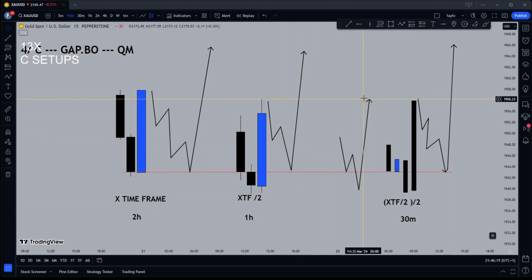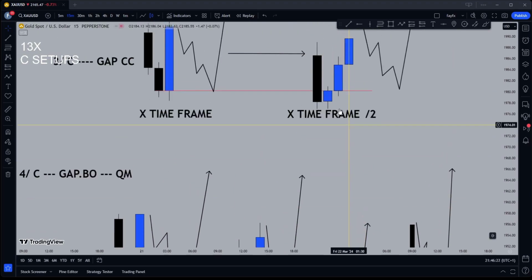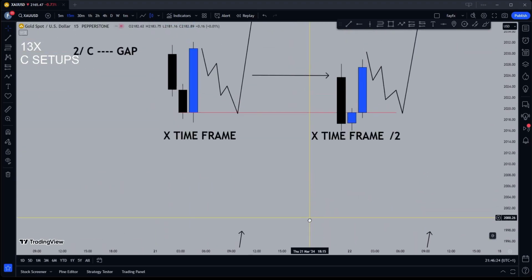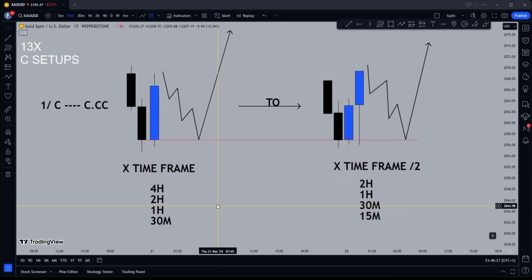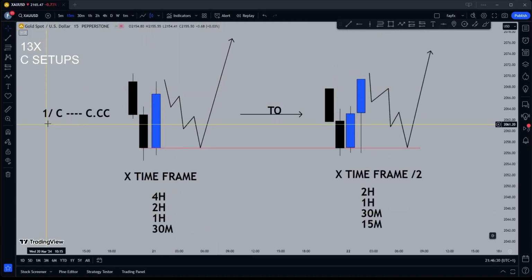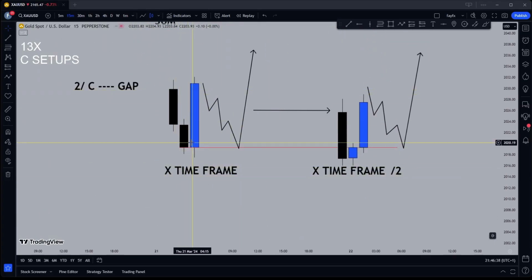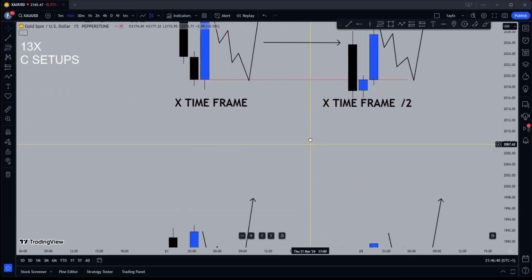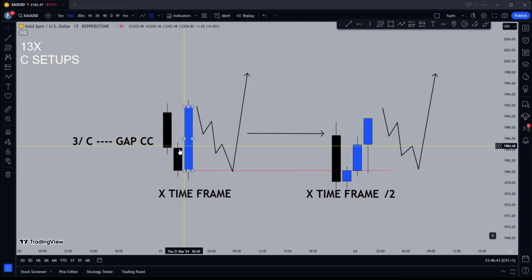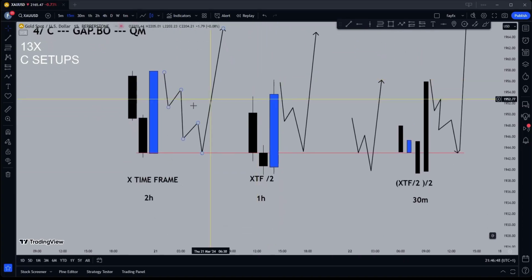Those are the setups. We have 4 setups. The first one is a classic CC. Second one is a classic to gap. The third one is a classic to gap CC. The fourth one is a classic to gap breakout to HNS.